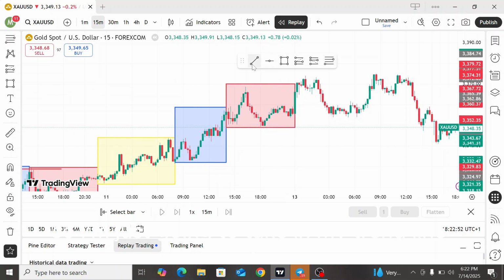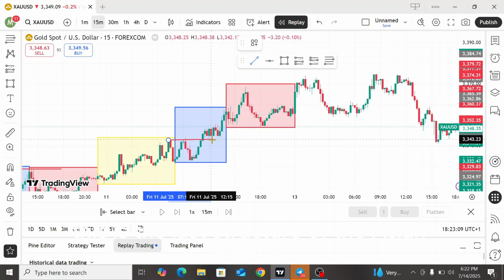So I'm just going to take my trend line tool and draw the market structure right here. As you can see, this is the last structure of the Asian session.